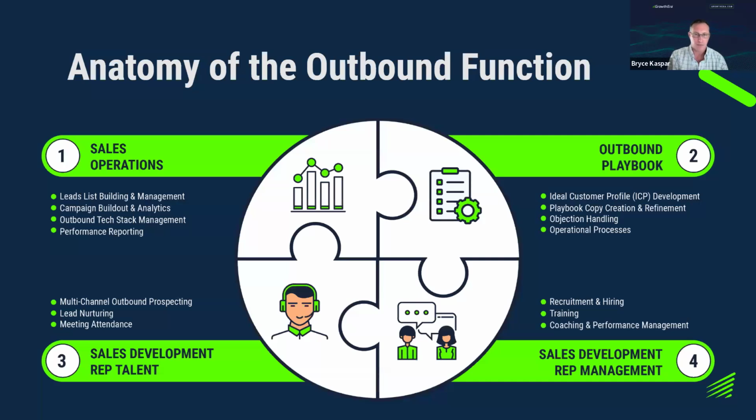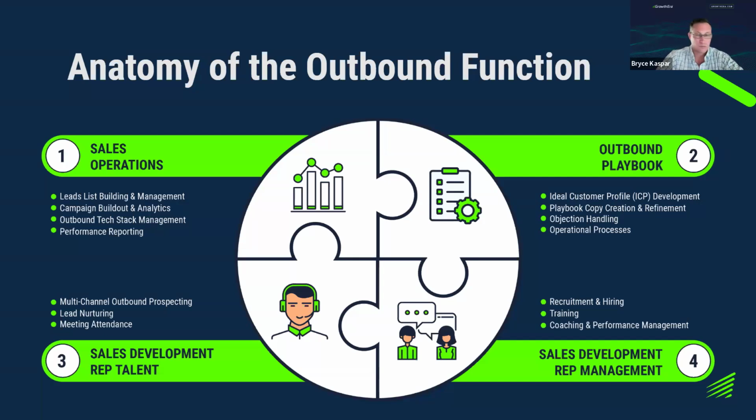And so you need to have good sales development reps. Some people call them BDRs, same thing, business development reps. But you need to have good talent. The way I look at sales development reps is they are your frontline infantry for developing these leads that turn into quality meetings.